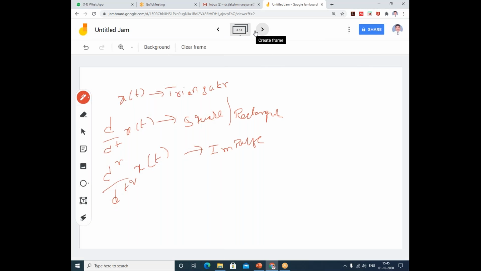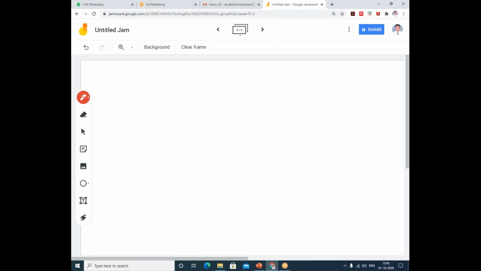Now just see this example, and with this example I'm going to stop for today's class. First see, as you know the differentiation in time domain property: the Fourier transform of d by dt of g of t is j2 pi f into G of f.